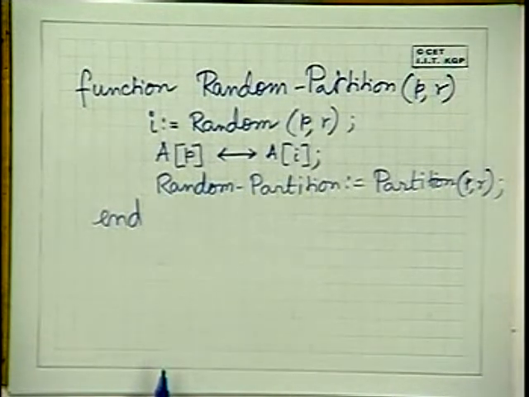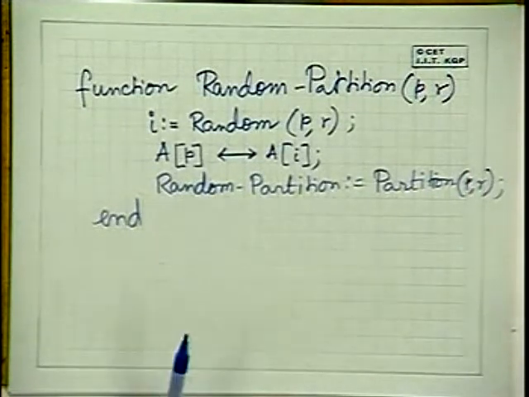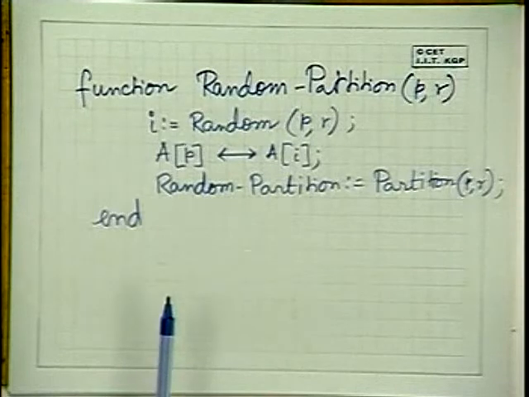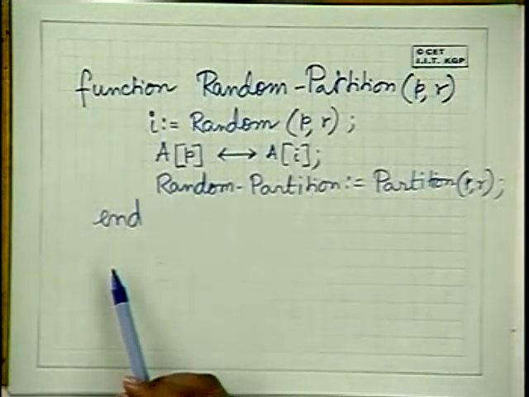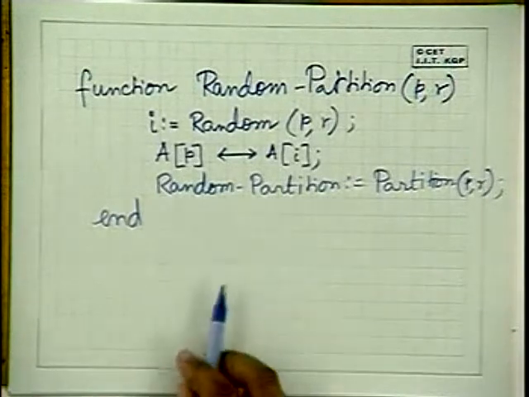Alright. So you just replace your partition routine with this routine, and you will get a randomized quicksort algorithm.